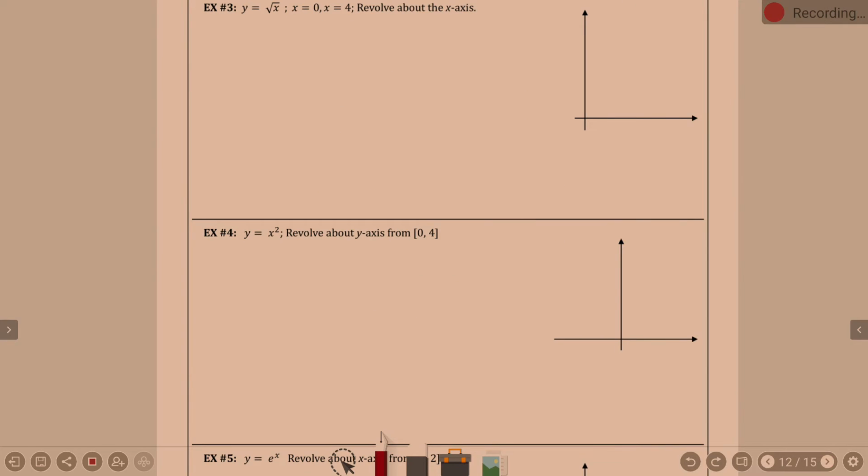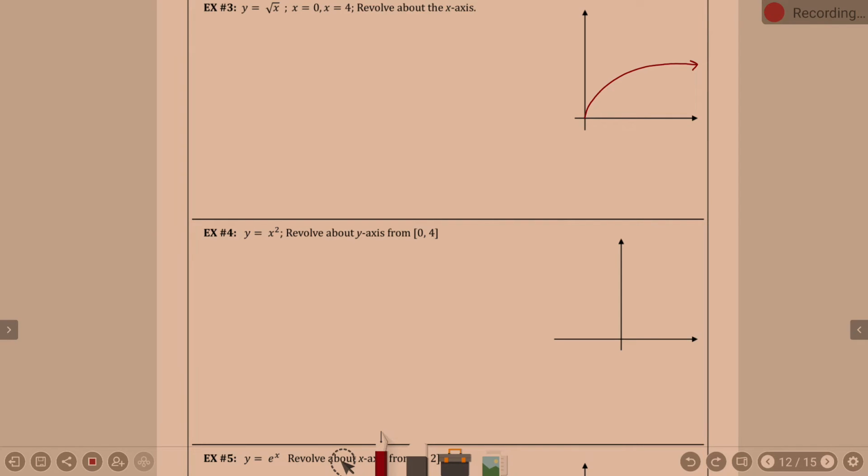Okay. This is where all that pre-calc part of you, you have to know some basic graphs, comes back. This is where you have to know some basics, right? Y equals square root of x. What is that? Top half of a sideways parabola, yes.